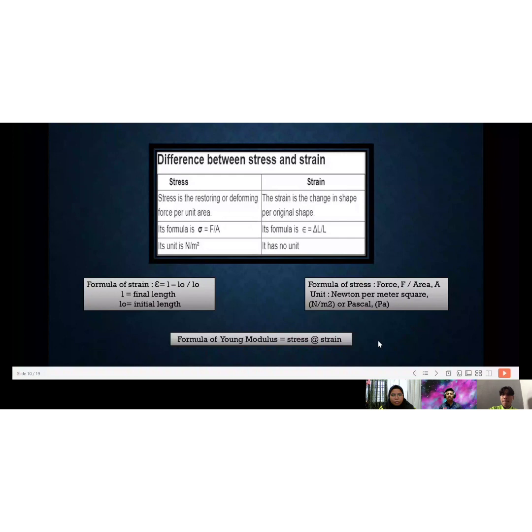The formula for stress is F per A, with unit N. For the strain, its formula is final length minus initial length per initial length, and it has no unit.